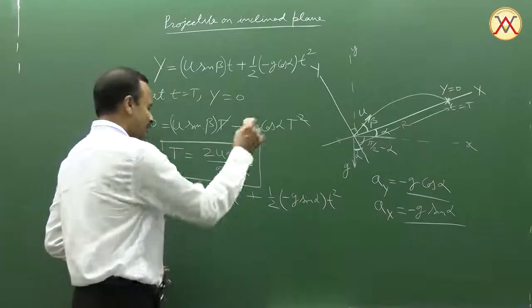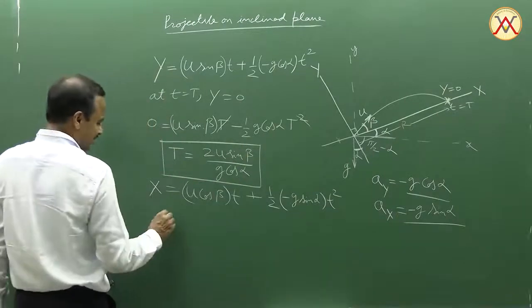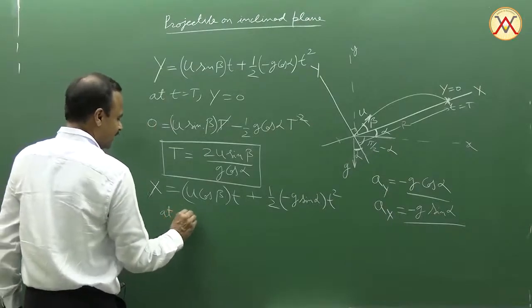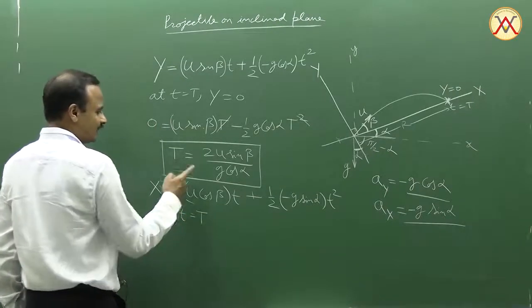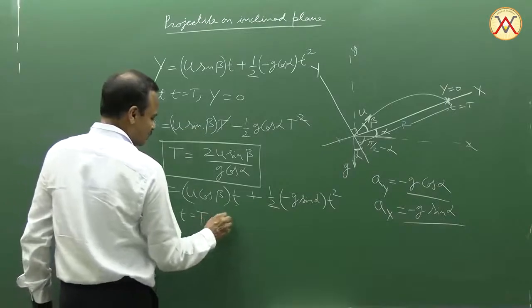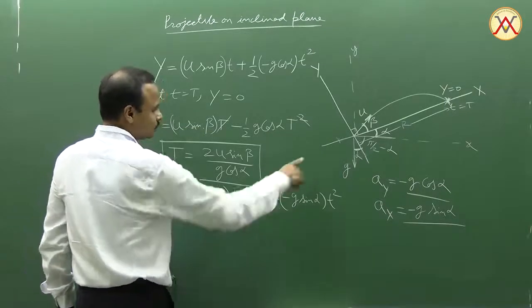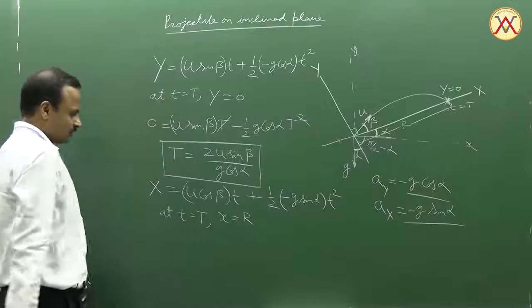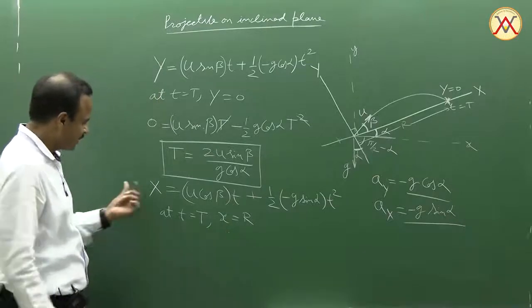Now if we have to find range, we can say that at t equal to capital T, the time of flight, the x coordinate becomes equal to the range. So we put these two here.